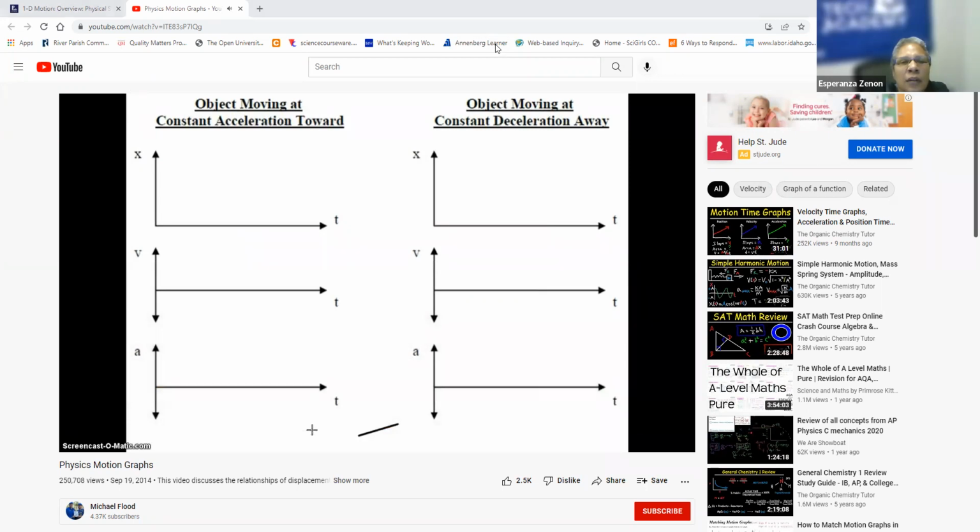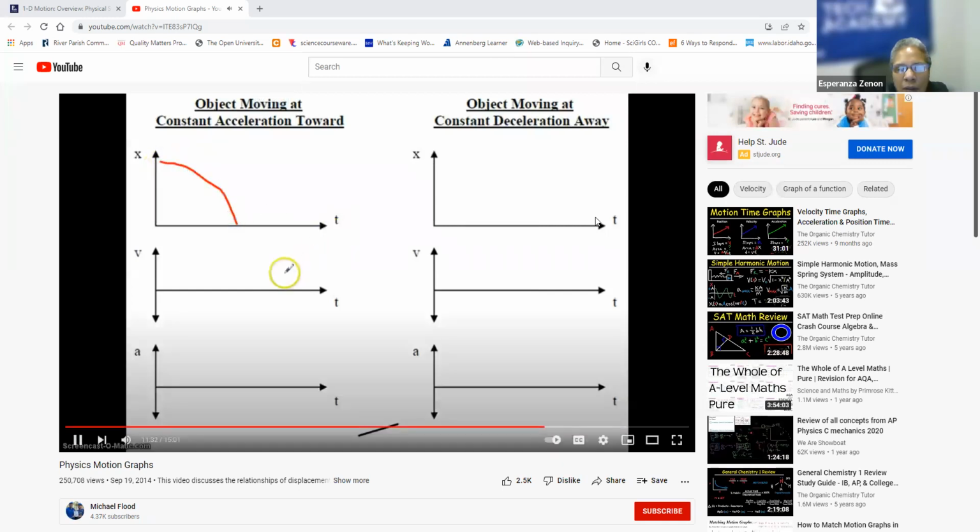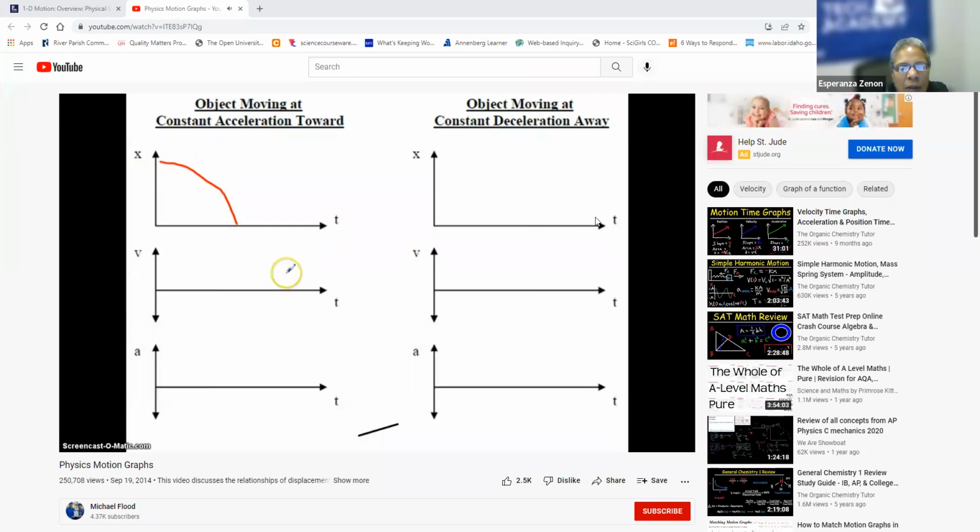This means the speed is increasing, but we're losing distance, getting closer to the point of origin. So this line would look something like this, sloping downward. I'm trying to draw a better curve than I can with my pen here on the screen.